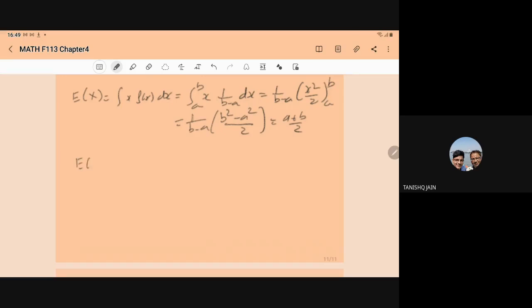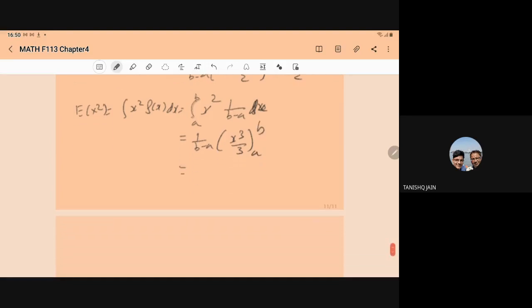And E of x square is what? x square into fx into dx for the uniform distribution from a to b, x square, 1 upon b minus a into dx. So it will become 1 upon b minus a, and here we have x cube by 3 from a to b.